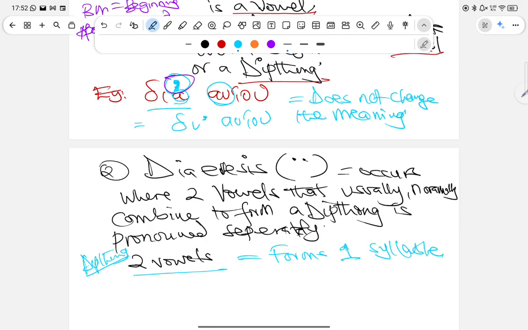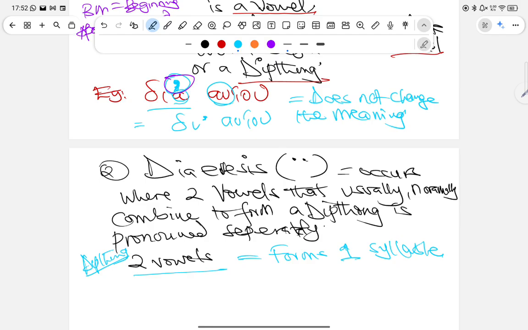Like autos, oikos, uios, eirene, you get two vowels forming one syllable, and so even though the sound of both letters is still strong and unique, it is pronounced together.